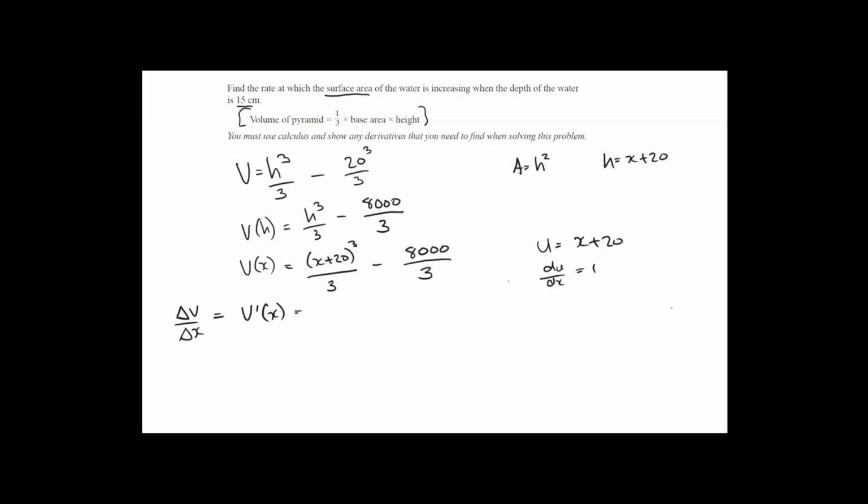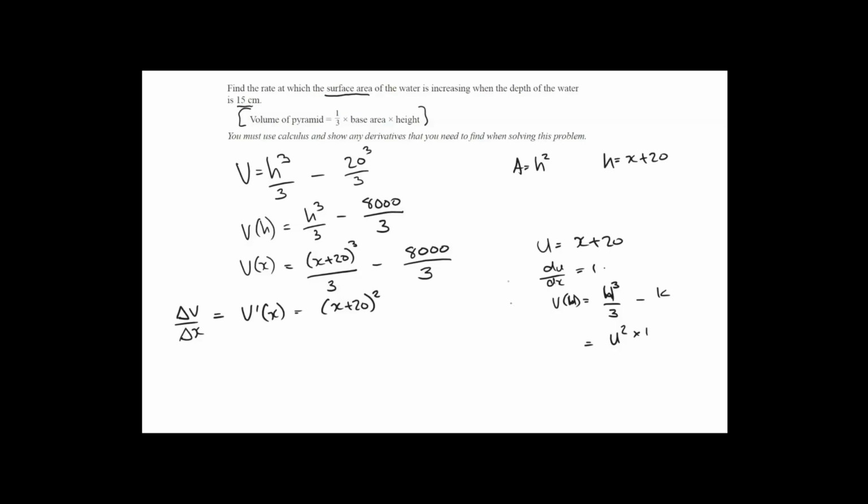So it's u cubed over 3 minus some constant, and that constant is going to disappear. So that's going to be u squared, times 1 of course. That's going to be x plus 20 squared.